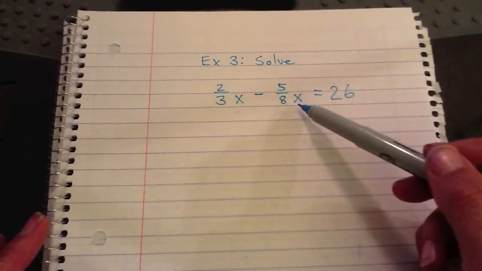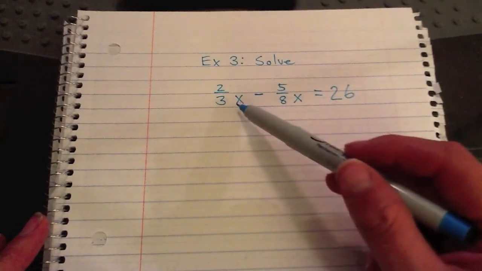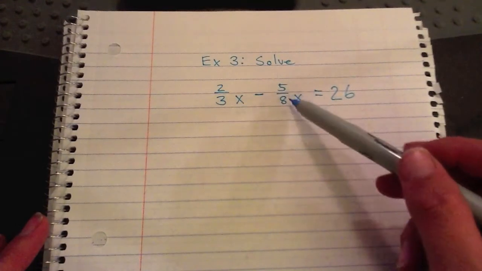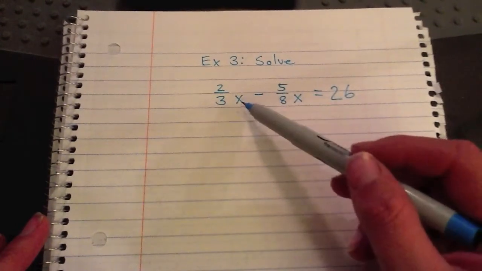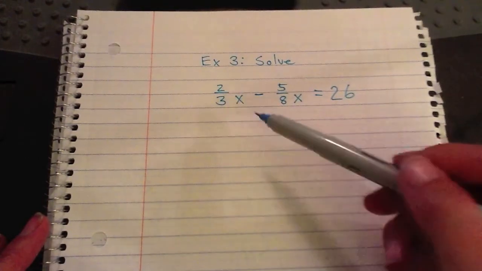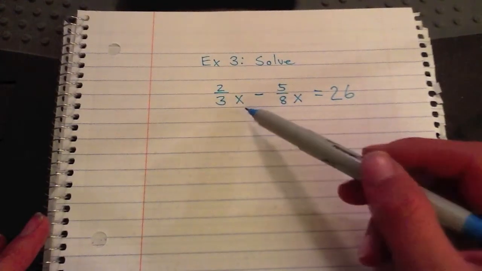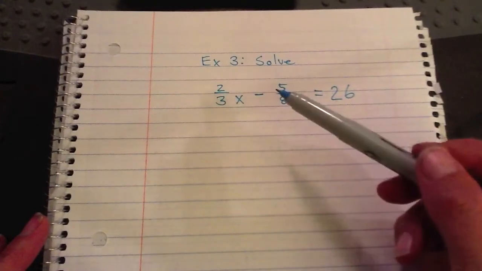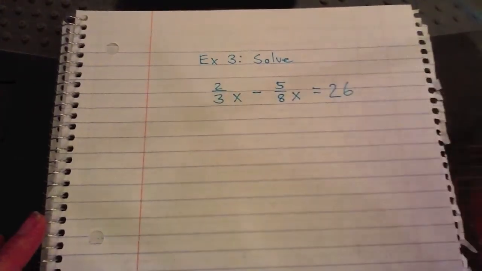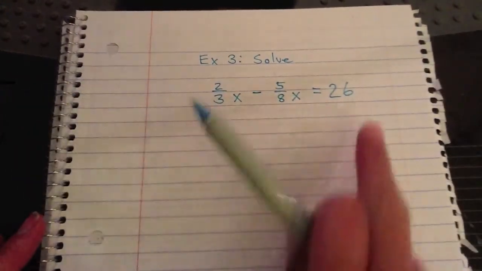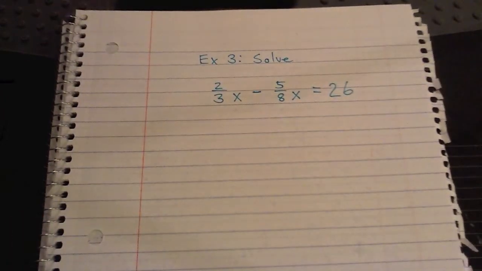Same thing here. So the other way to look at that is 2x over 3 subtracting 5x over 8. This x would have to be under that fraction bar to be in the denominator. So we've got it on the outside, which actually means it's part of the numerator. So all you're going to look at is the numbers. We have a 3 and we have an 8. We don't care about 26 right now because it's not part of a fraction.